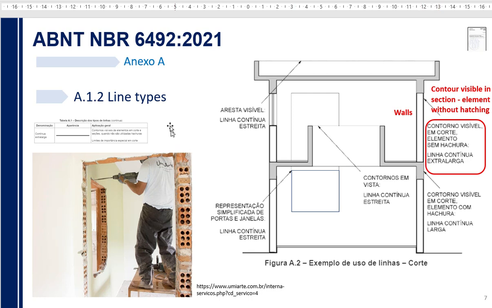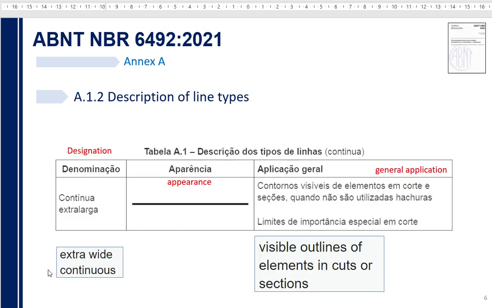This standard shows other kinds of line representations. For example, for windows we use a thinner kind of line, different from walls, which use, for example, the extra wide continuous.